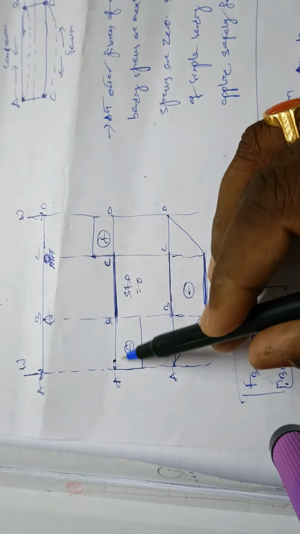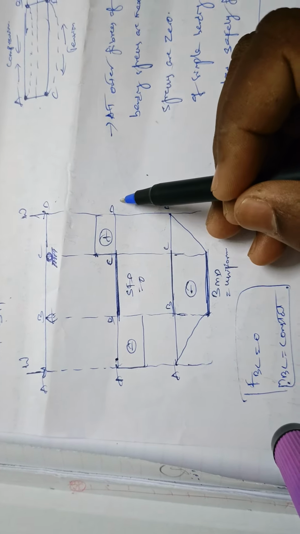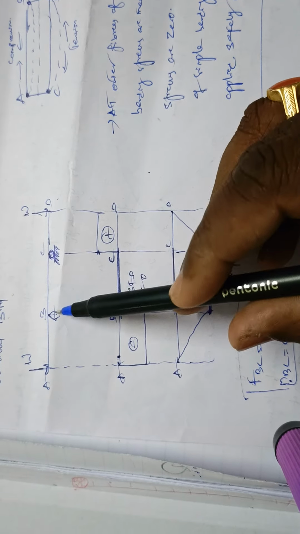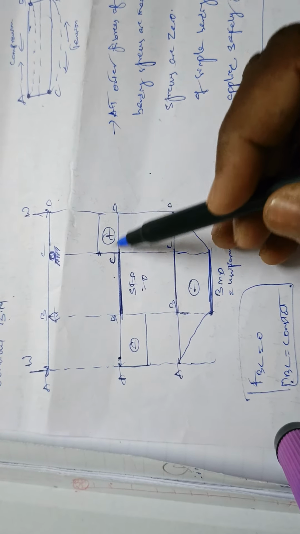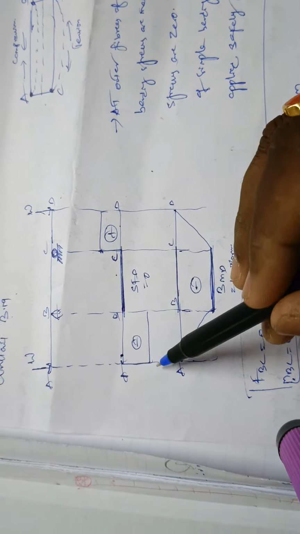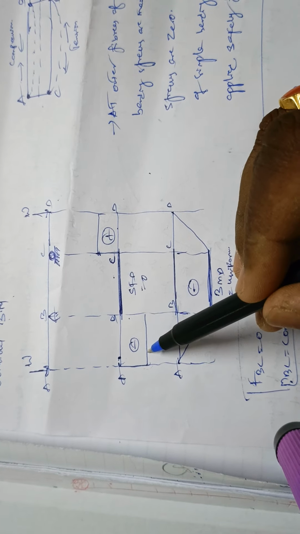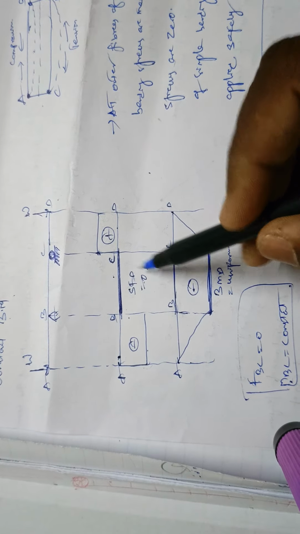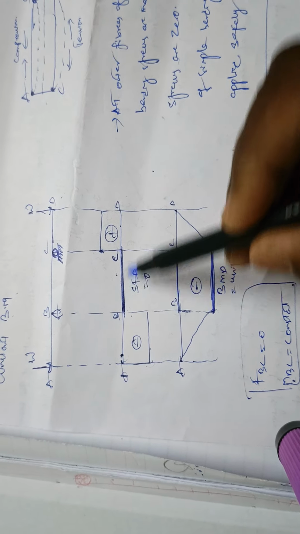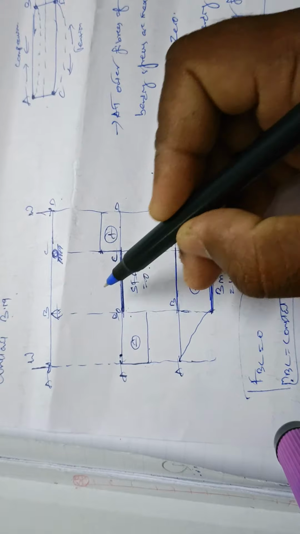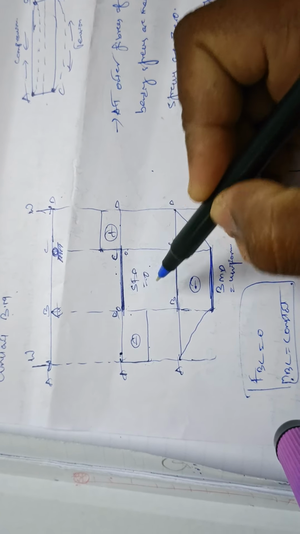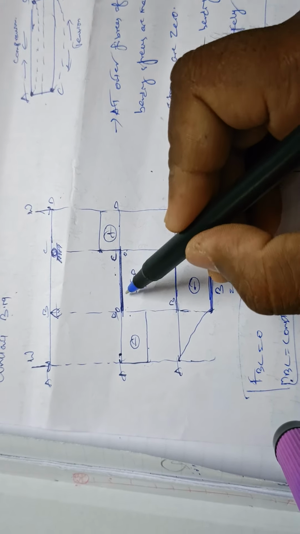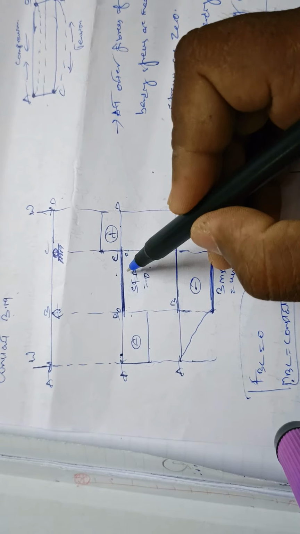You can see A B C D described. The two loads are considered, this one as positive and this one as negative. Here the SFD is equal to 0, because BC lies constant, so at the B point it is 0 and at the C point it is 0. This line on the BC portion is known as 0.